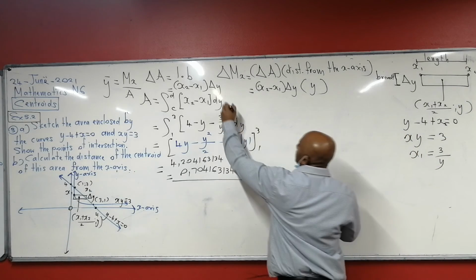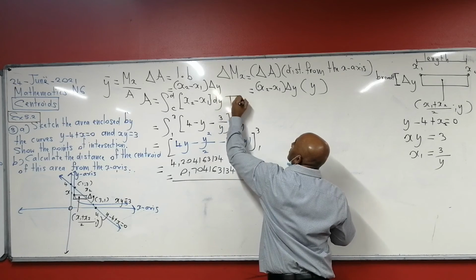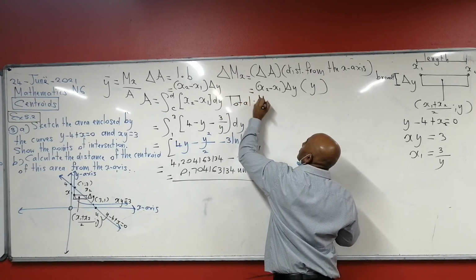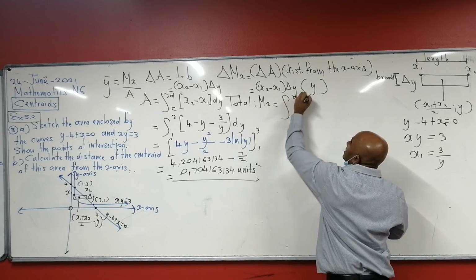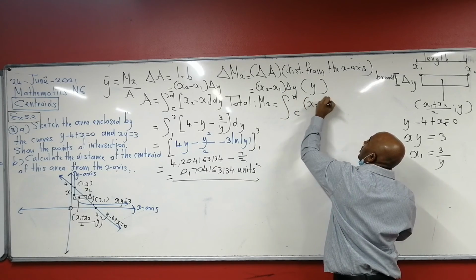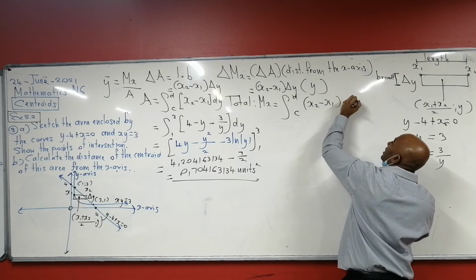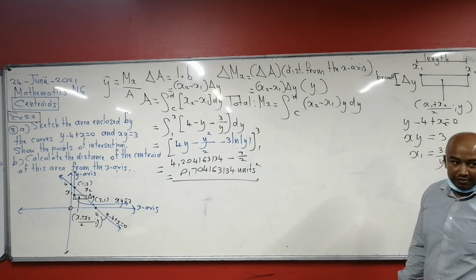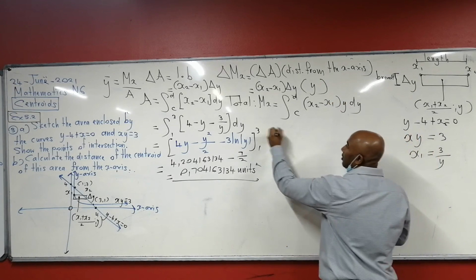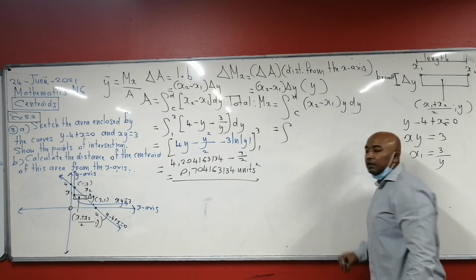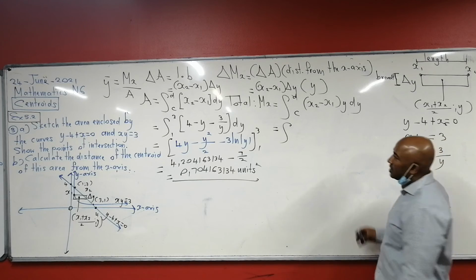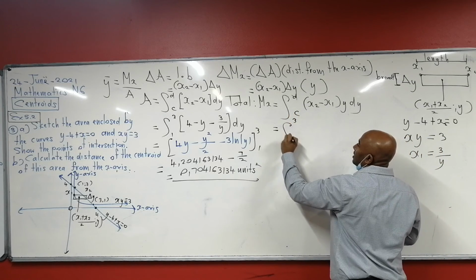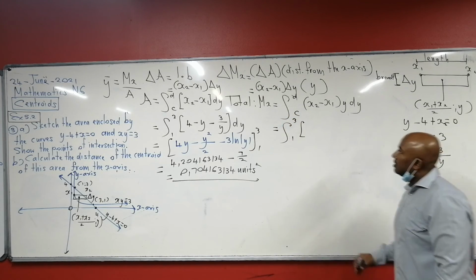Now, total. I'm going to integrate. That's going to be the integral from c to d of x2 minus x1 times y dy. So now my d and c, the same d and c, which is 3 and 1.